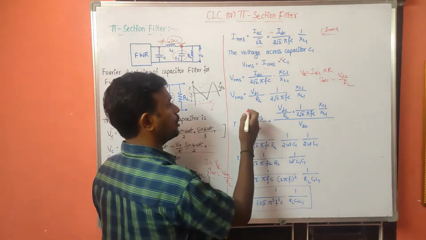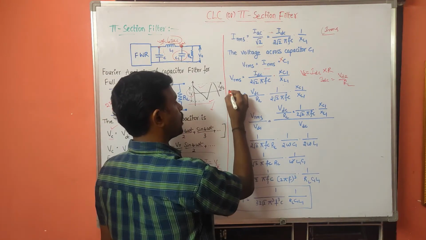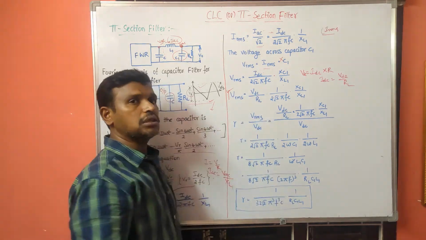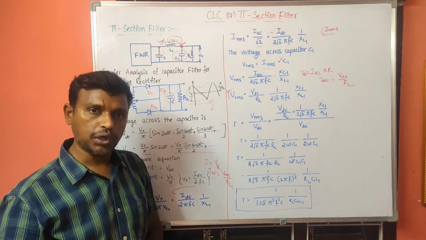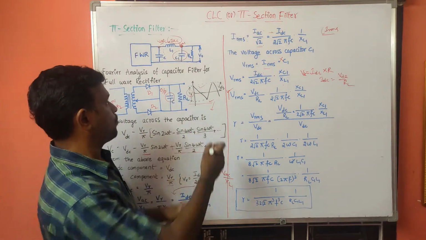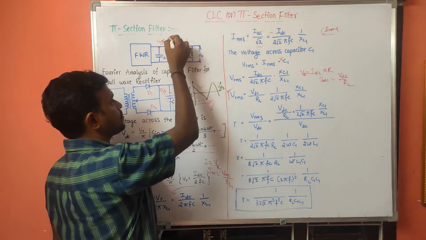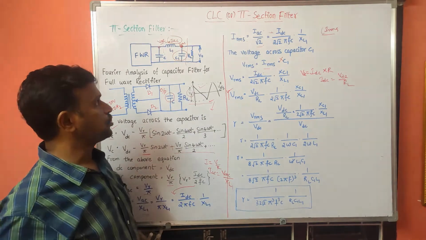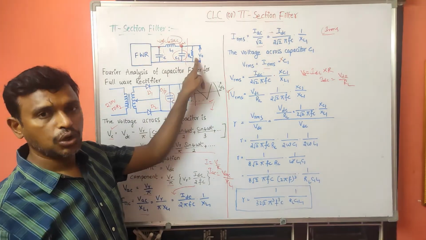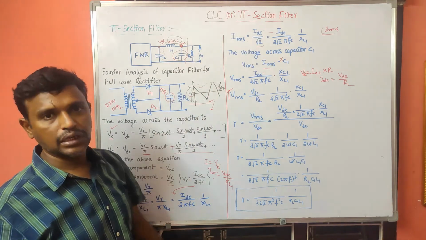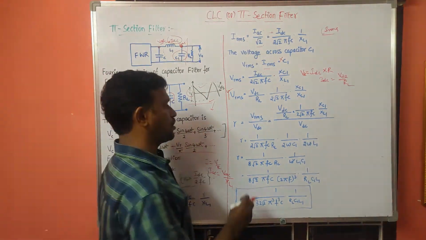This is the RMS value of the ripple voltage that we have at the output of this capacitor. That means the output of this pi section filter is given to the load resistor, so that we get the output value.